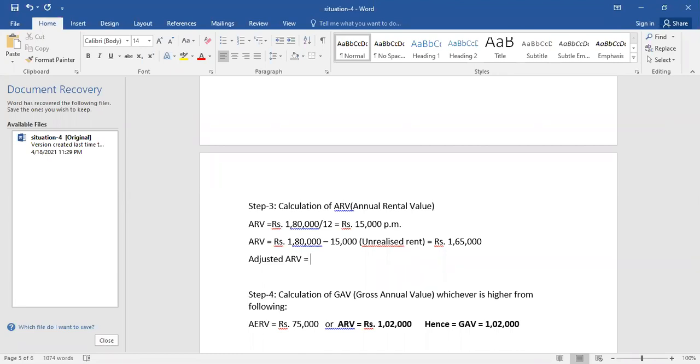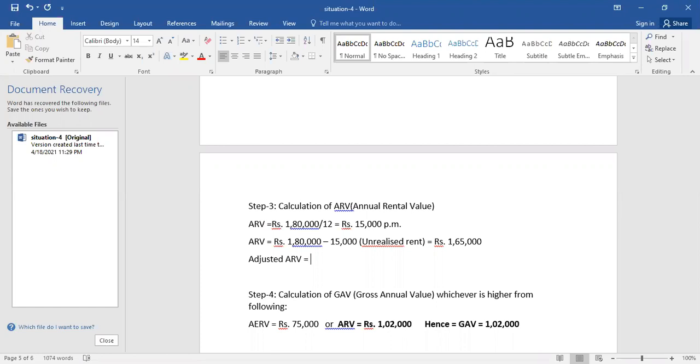You have to see whether adjusted ERV is less compared with ERV. Is it because of vacancy? If it is because of vacancy, then the GAV is going to become ERV. We will see that in the problem when you do it.